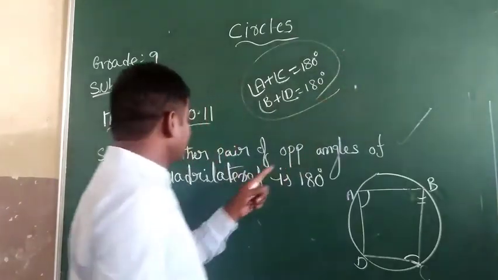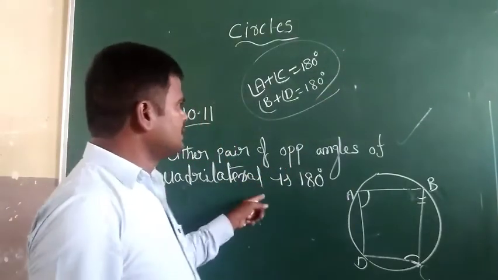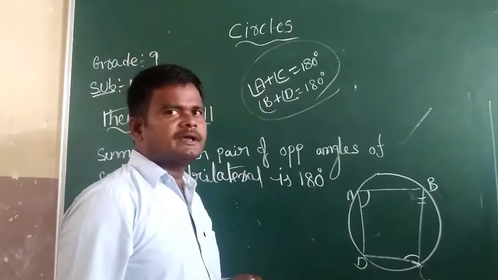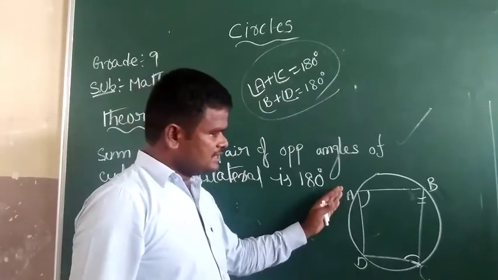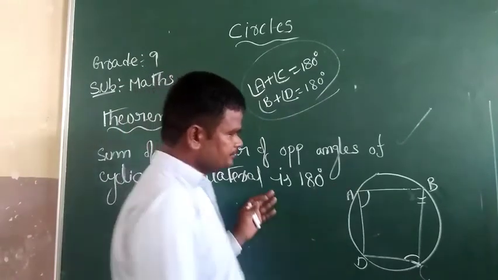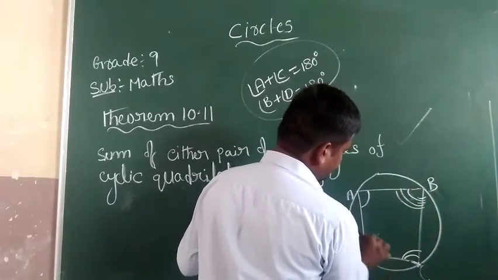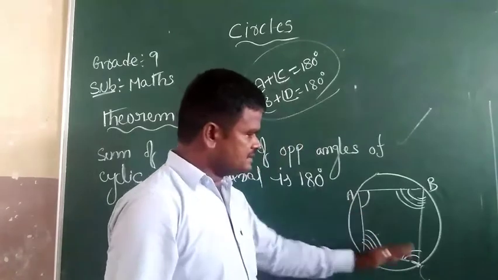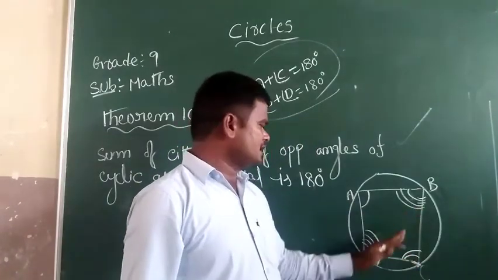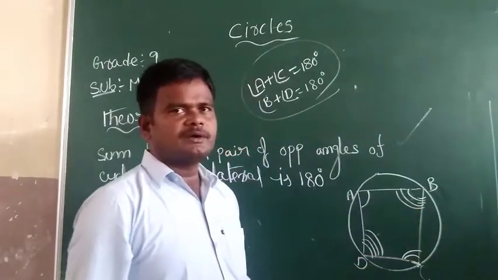So the sum of a pair of opposite angles of a cyclic quadrilateral is 180 degrees. If ABCD is a cyclic quadrilateral, then angle A plus angle C equals 180 degrees, and angle B plus angle D equals 180 degrees.